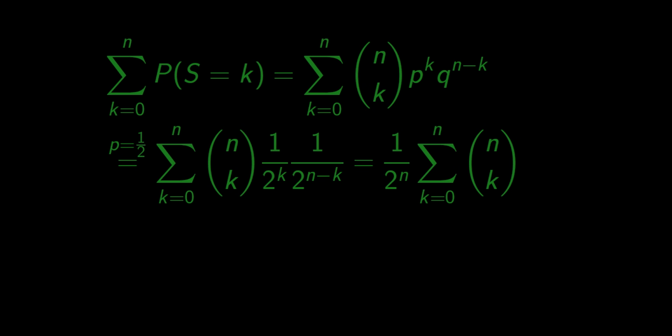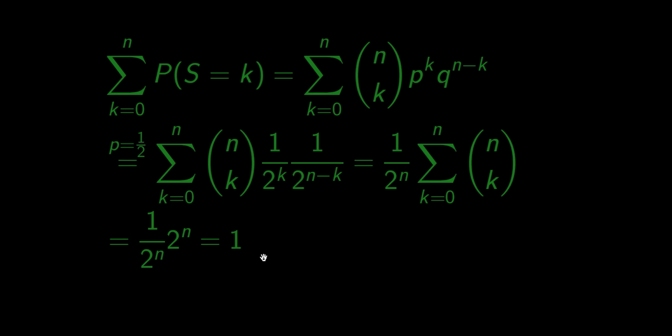So, in other words, we have here the number of all possible subsets of the set that has n elements. How many subsets does a set with n elements have? It is 2 to the power of n. 2 to the power of n cancels out, and our sum is 1. Okay, so for p equal to 1/2, it adds up.